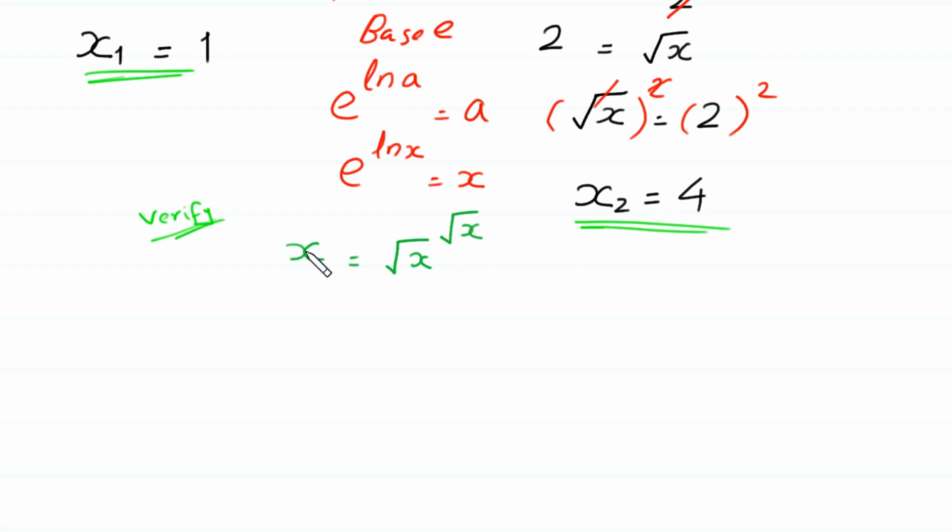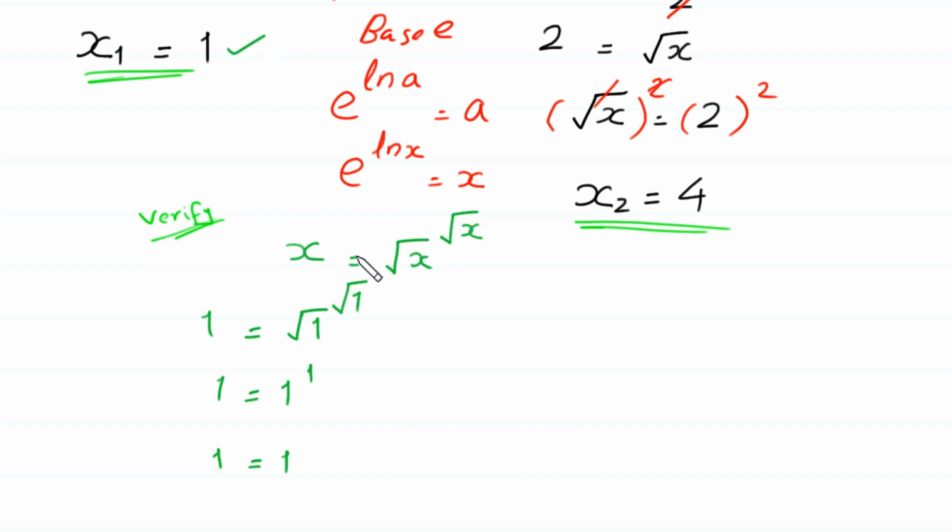In this equation, first we put this value of x, 1. 1 is equal to square root of 1 to the power square root of 1, and 1 is equal to, square root of 1 is 1, to the power square root of this 1 is 1, and 1 is equal to 1 to the power 1, is 1. You can see that left hand side is equal to the right hand side. So it is proved that this value of x, 1, is correct.